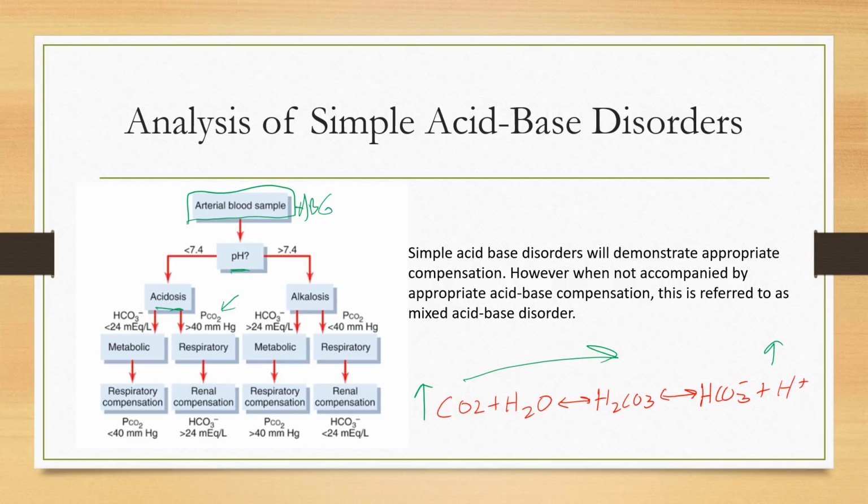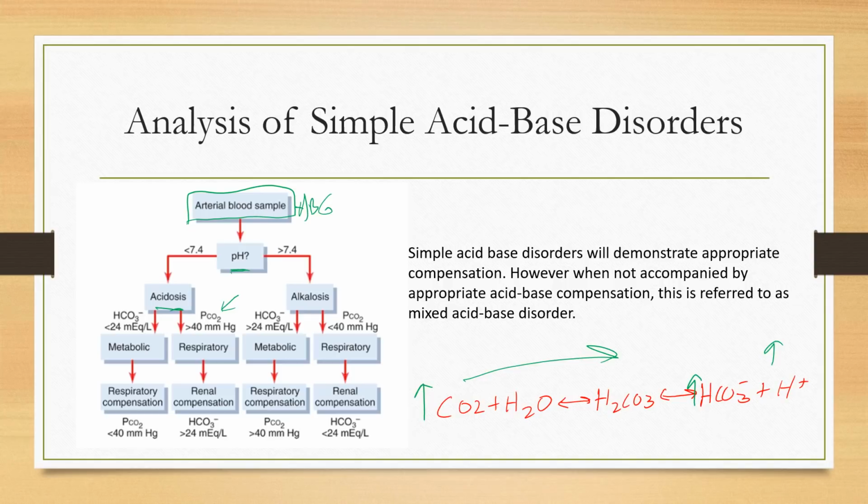So if we see that the level of CO2 is consistent with the pH, then it's a respiratory issue. An elevated PCO2 is consistent with being acidotic, and the person is acidotic, so it's a respiratory acidosis. Well, what is the compensation then? If you take a look at the bicarb, if they're compensating appropriately, the bicarb levels should start to elevate.